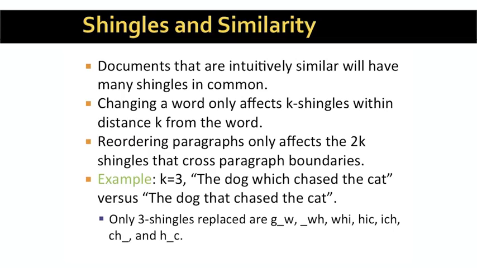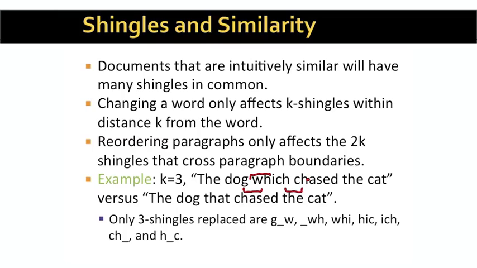For example, suppose we use k equals 3 and we change the word "which" in the sentence to "that". The only shingles that can be affected are the ones that begin at most 2 characters before "which" and end at most 2 characters after "which". These are G blank W, blank WH, and so on up to H blank C, a total of 7 shingles.